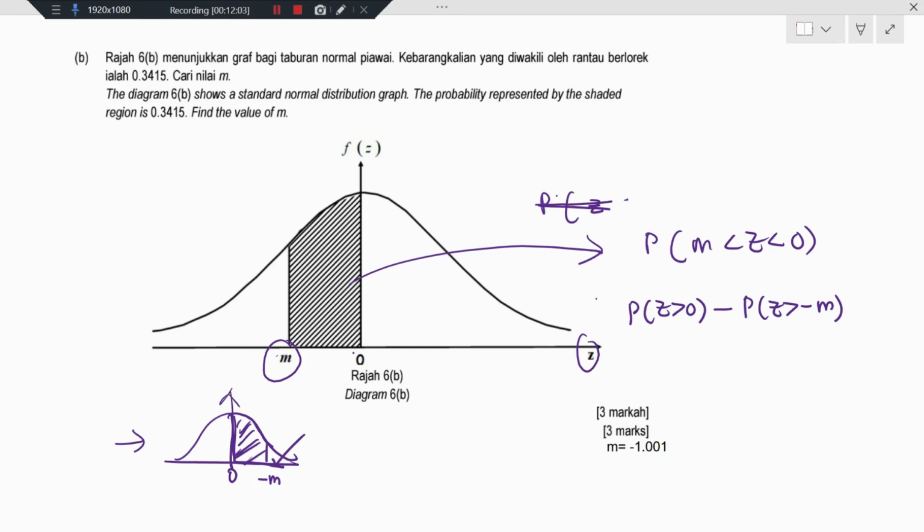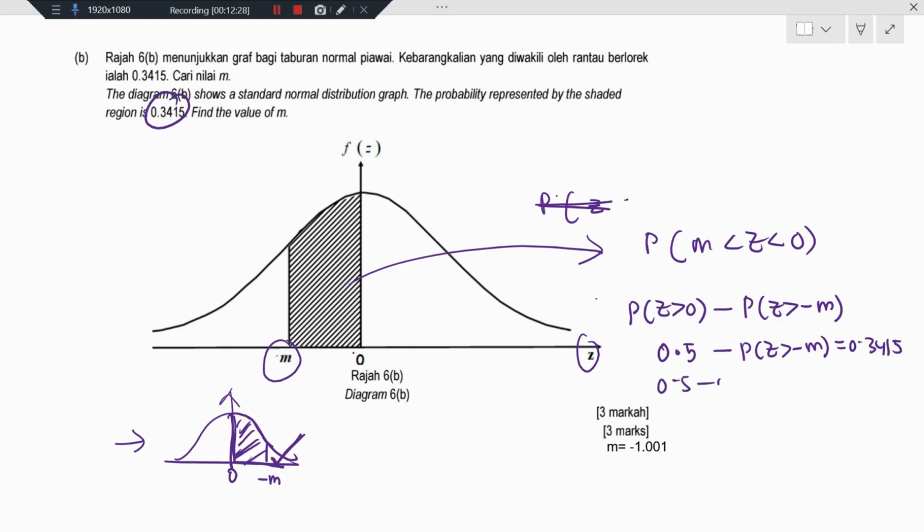The whole thing is 0.5 and I can calculate the opposite, not the shaded, so I minus. I don't need anything more than z greater than negative m. So this one is definitely 0.5, and z greater than negative m we don't know, and the probability is 0.3415.